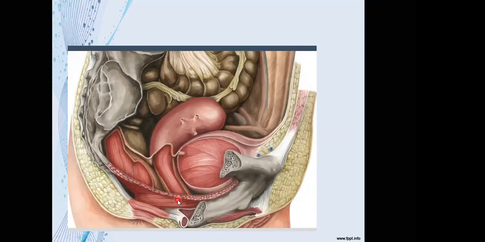Round ligament, broad ligament, both are wrong because they are just secondary supports. So I'll be telling you how these supports are important and how they make this uterus stay above the pelvic diaphragm. So first and foremost support is the pelvic diaphragm.